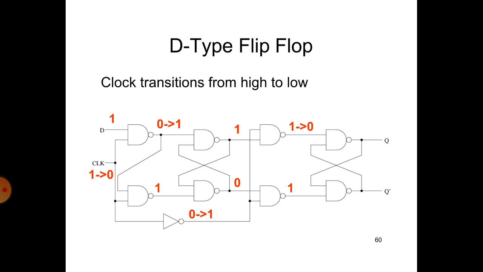So this slide shows the clock transition from high to low. So here D will be 1, clock will be 1, the output will be 0. The second gate, clock will be 1, the output will be 0, again the output will be 1. So in second stage, we can invert the input.